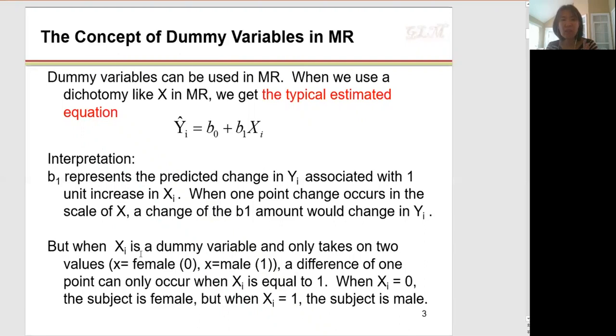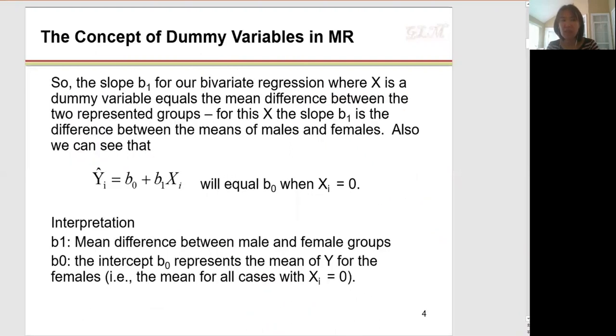But when X is a dummy variable and only 2 occasions, female 0, male 1, a difference of 1 point can only occur when X is equal to 1. Okay, when X is 0, the subject is female, but when X is 1, the subject is male.